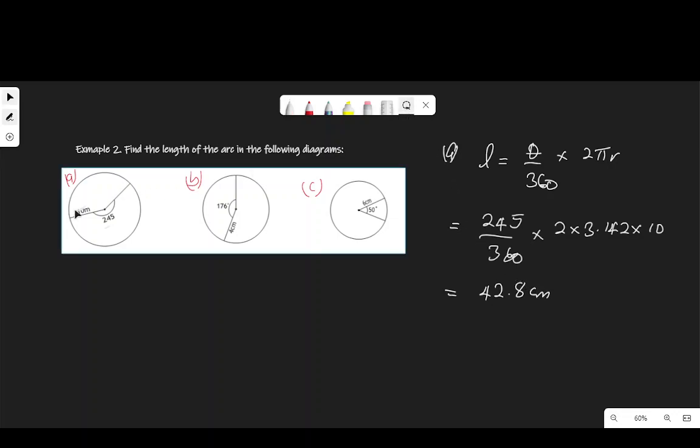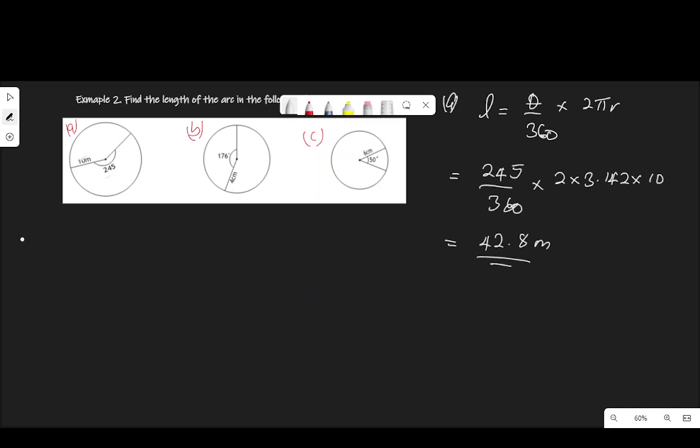The unit of the radius there is meter. The unit of our calculation too should be in meter. So let me correct that. 42.8 meter is the length of the arc. That is that for A.